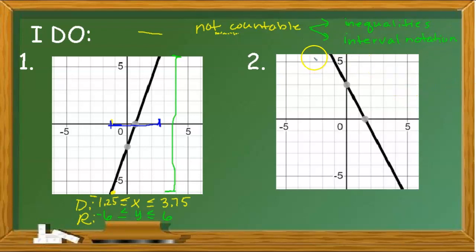So where discrete graphs were just a set of points, continuous functions, you either have to write an inequality or interval notation for it. So we could do the same thing for this one here. So our domain, our x values on this one, looks to me like it's going from about right here.